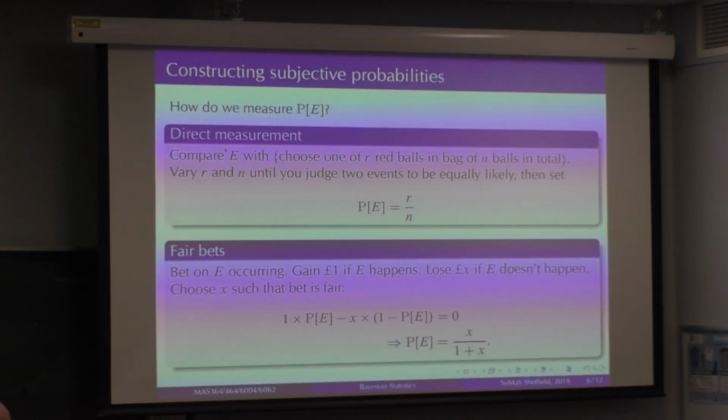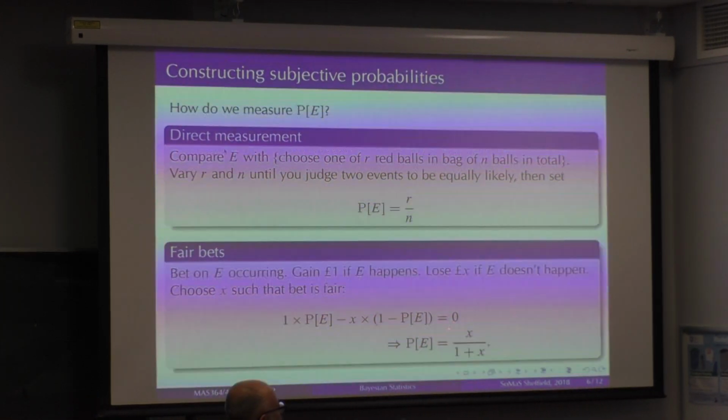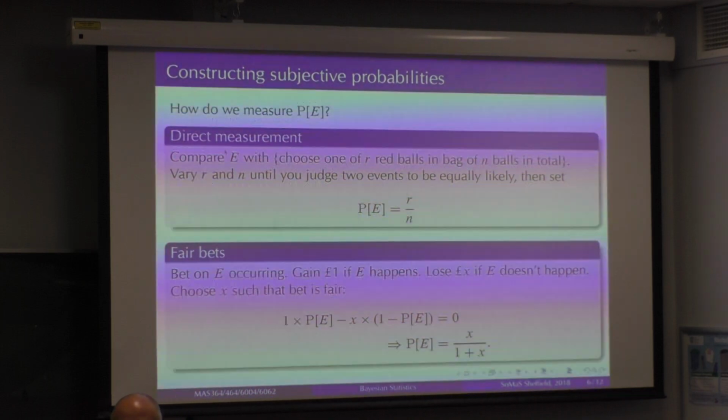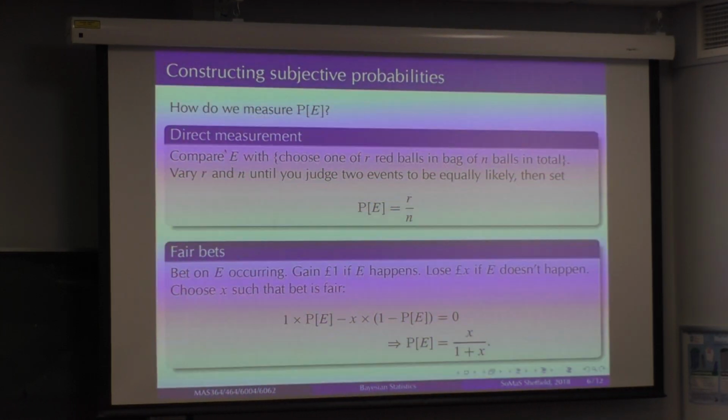Obviously, gambling companies will not make this 0. They will make it slightly positive, so that in the long run, they will have some earnings, right? But this is used in practice a lot, and you can make money out of that.